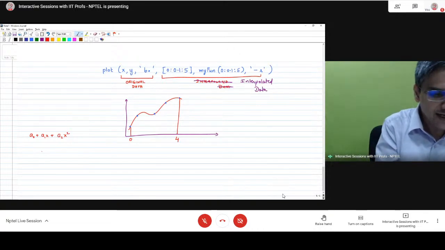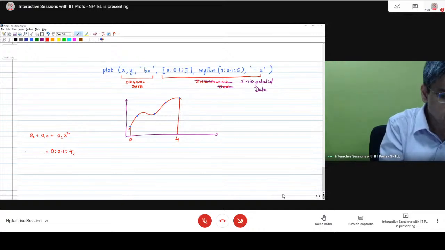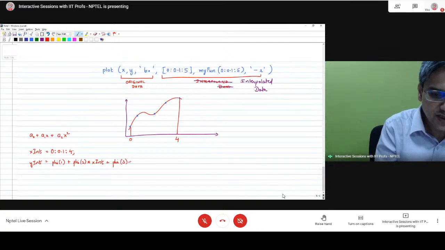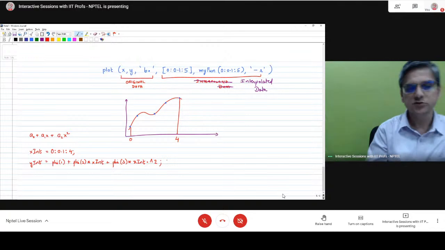So what will I do? I can do x equal to 0 colon 0.1 colon 4. Then y int is going to be equal to phi1 plus phi2 into x int plus phi3 times x int dot square.